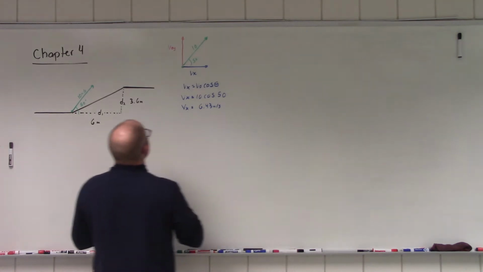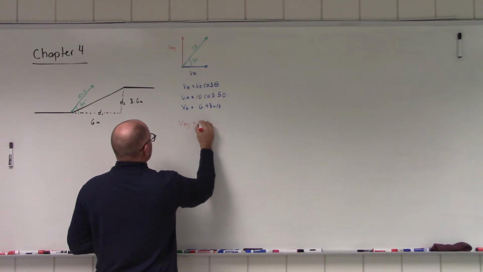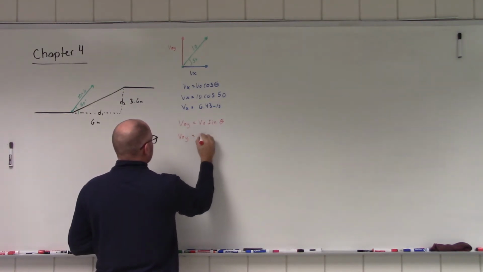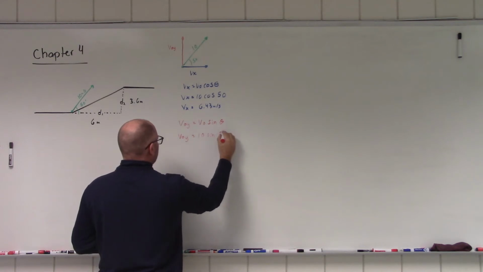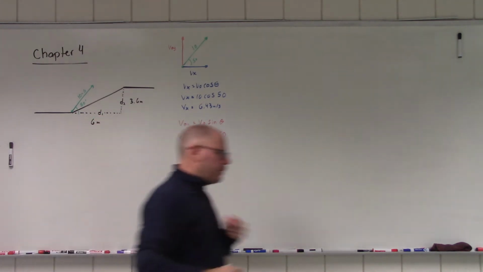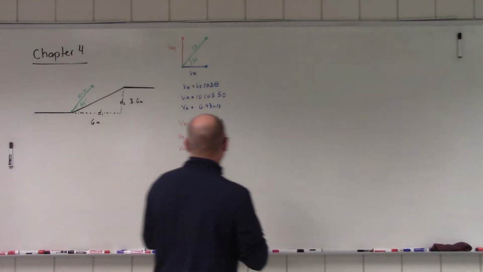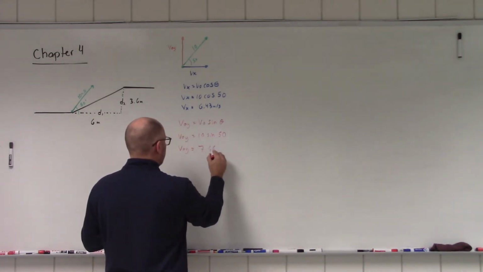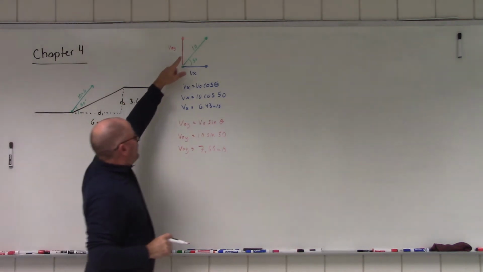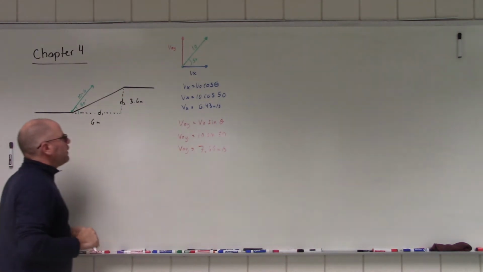And the y, sine 50, should be close to 6.43 but a little bit bigger, and it says 7.66. That makes good sense. So 10, 6.5, a little more than 7.5. I feel good about that.